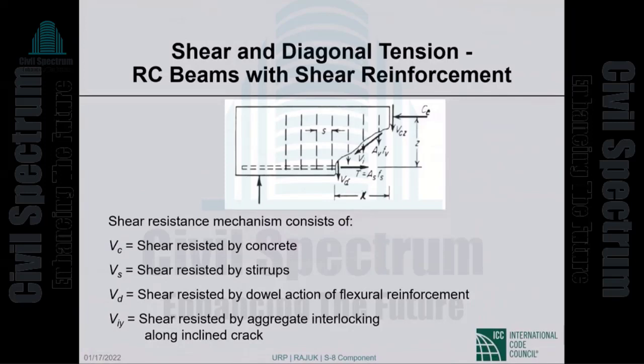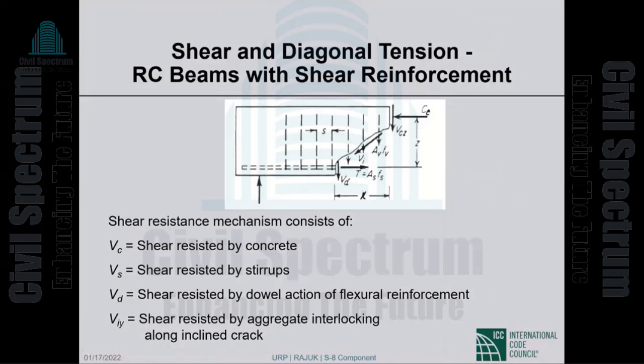Now we come to shear and diagonal tension in reinforced concrete beams with shear reinforcement. That is the shear reinforcement, as you see in the picture. The same diagonal crack, same uncracked concrete section. This is the aggregate interlock force. This is the shear carried by dowel action and so forth.